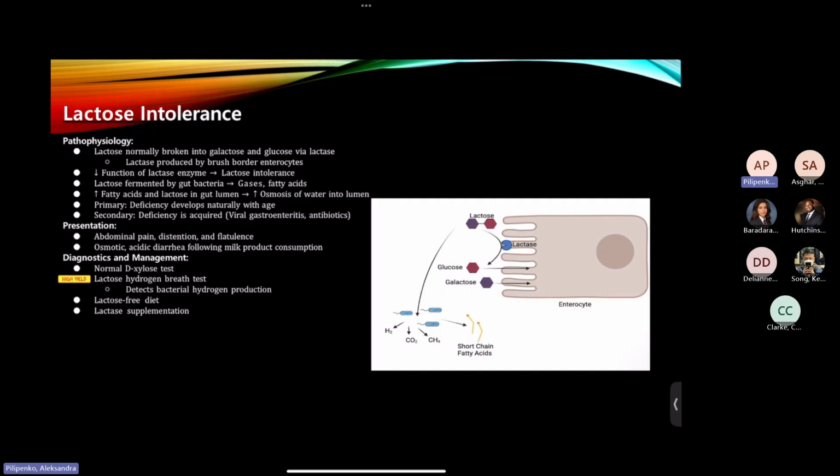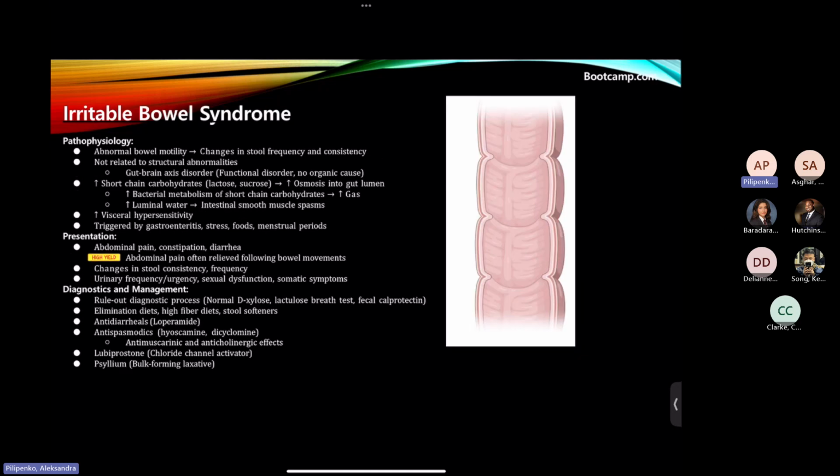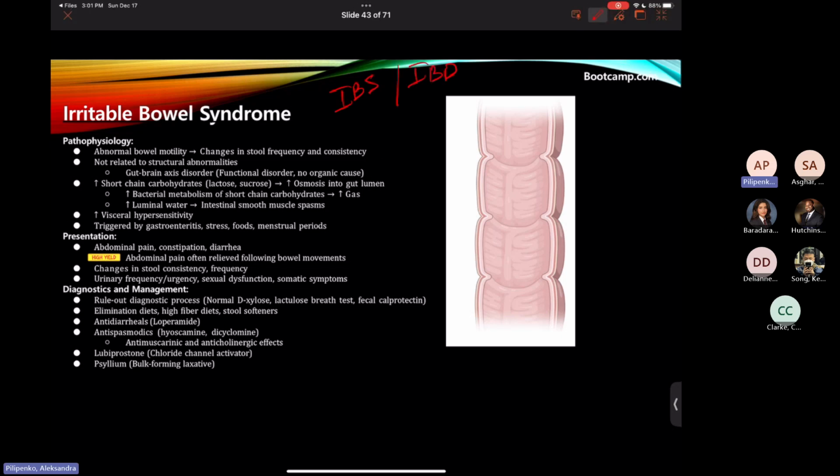Okay, lactose intolerance also. You will learn how lactose intolerance develops, or whether the patient was already born with it, because they say the majority of people lose tolerance for lactose as we age. Okay, IBS and IBD would be very important. Those are very different diseases.